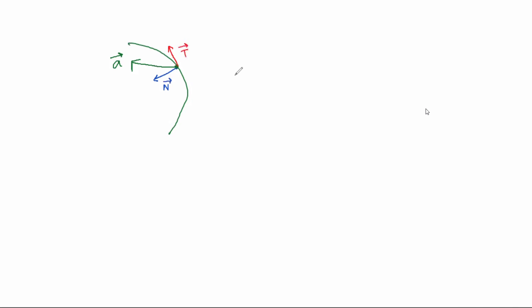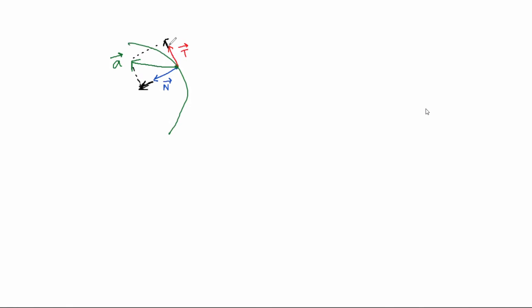So if you have acceleration at a point, you want to write it in terms of components along the tangent vector and normal vector. If you do projection, it will be like this, and if you do projection onto this, it will be like this.